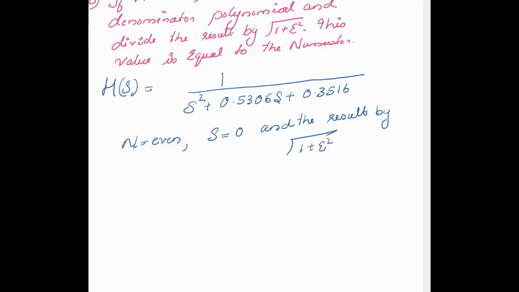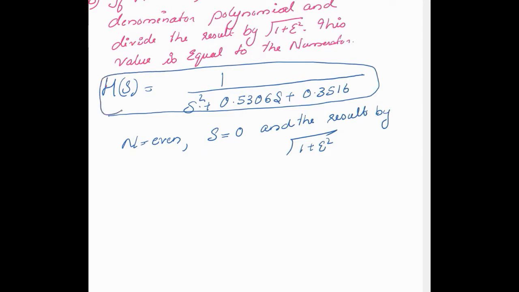Substituting, the s terms become 0 and you get 0.3516. Here at that time there is no need to take the 1 by. I just wrote the denominator polynomial to make you understand that this is the denominator polynomial.